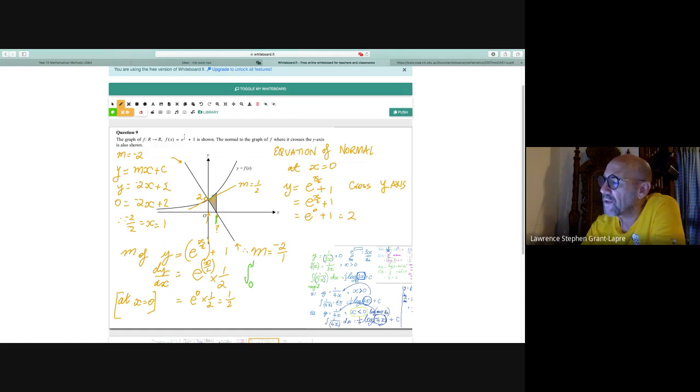First of all, underneath our function, which is e to the power of x over 2 plus 1. And then we have to subtract the area underneath that line, which is negative 2x plus 2, and we'll go to dx.